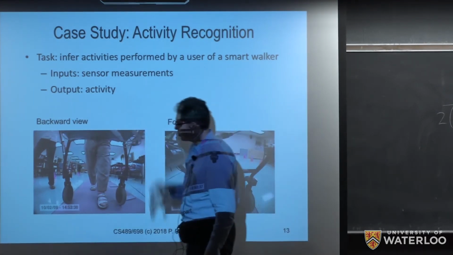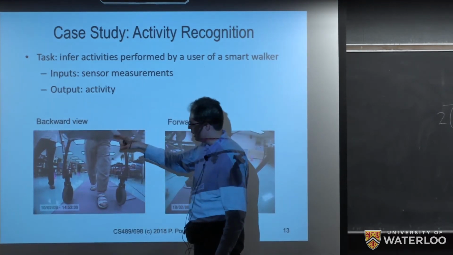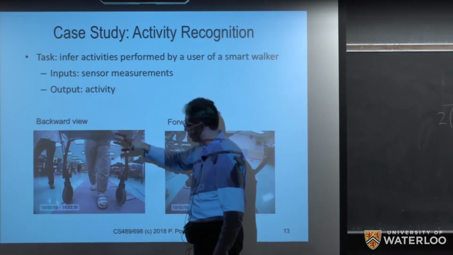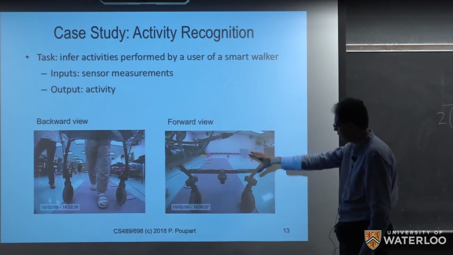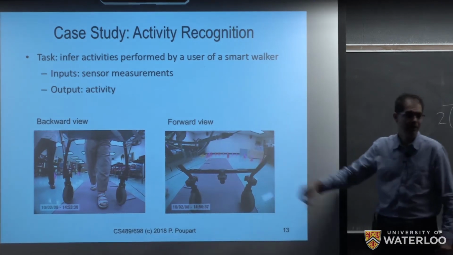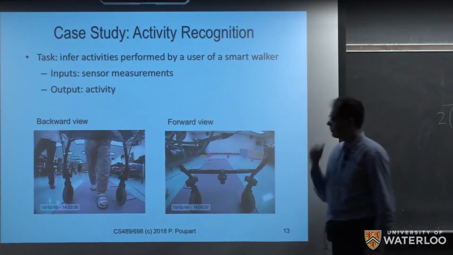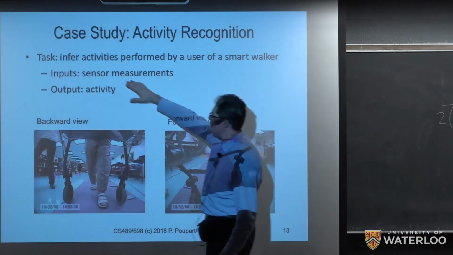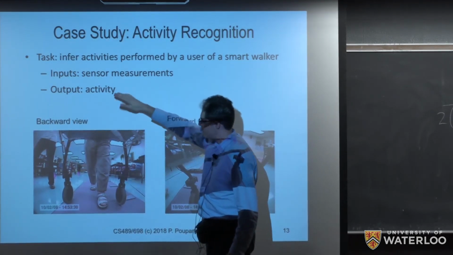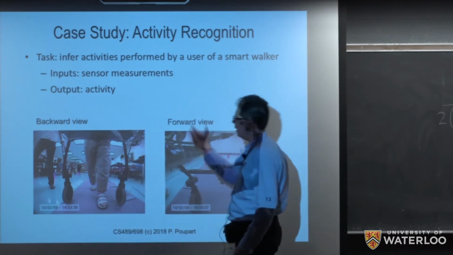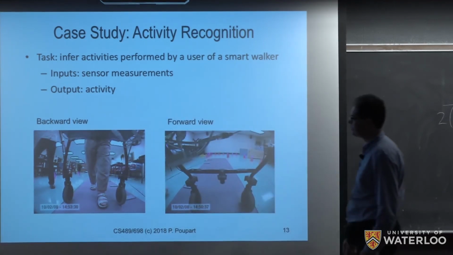What we did is we instrumented the walker. We put a camera that's looking backward so we can see the legs of the person, and then another camera that's looking forward so you can see the environment ahead. Okay. Now, with this, what we were trying to do is to estimate the activities of the person given some sensor measurements.